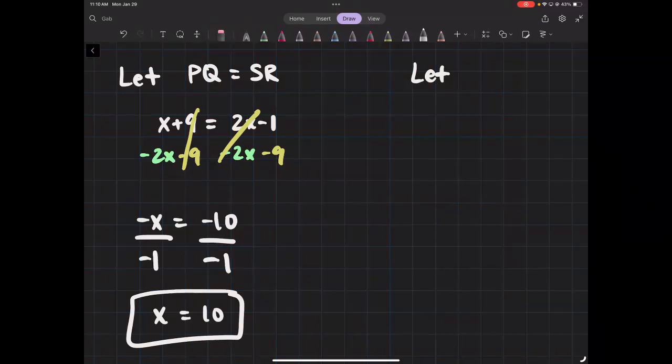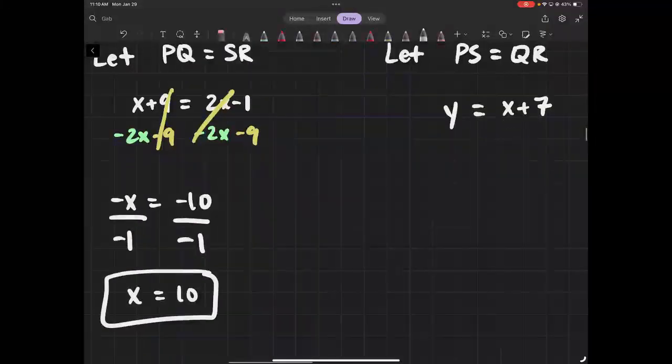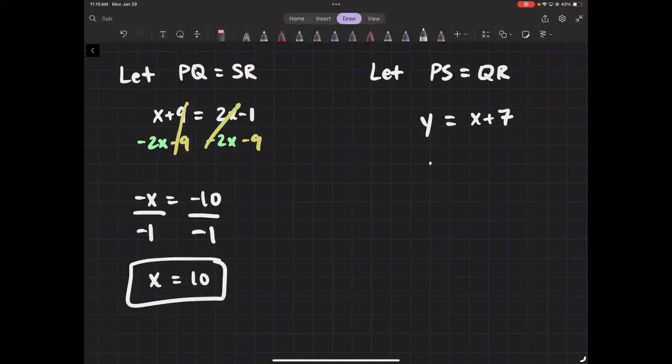PS and QR. PS equals QR. What was PS? PS is Y. QR is X plus 7. You know what X is, right? Okay, plug it in. 17. So Y is equal to 17.